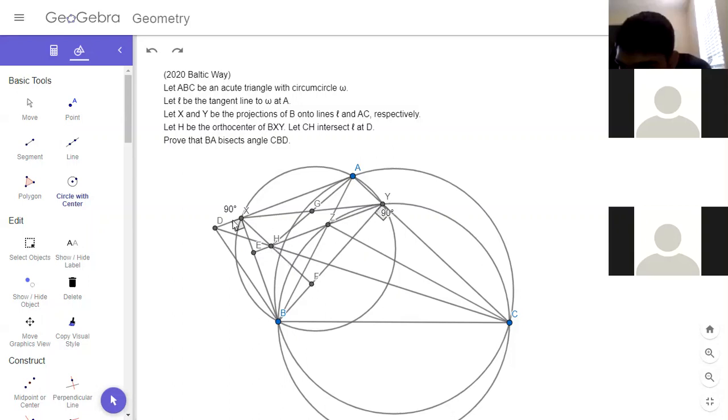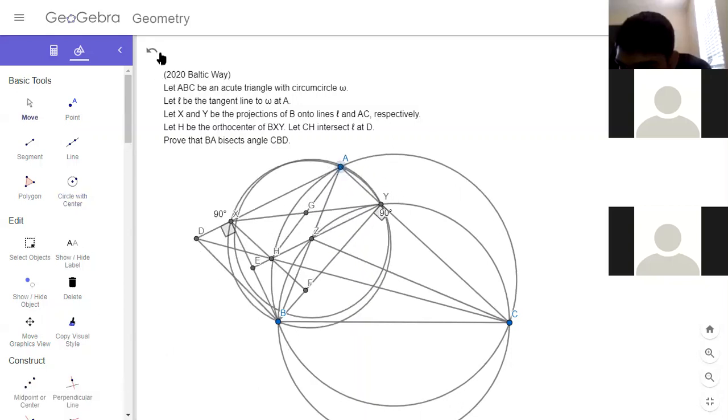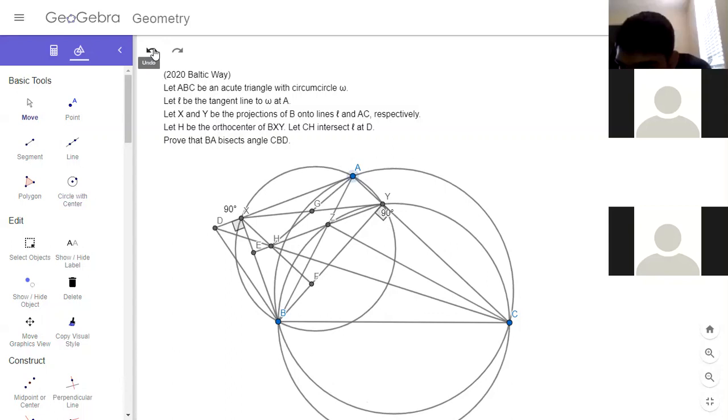Z is the midpoint of HY. I don't think so. No, Z is not necessarily the midpoint of HY. I feel like we're so close. Are you trying to prove that YE passes through the point which intersects BD? Yeah, if I can prove that, that would solve the problem. If I can show YE passes through that point.